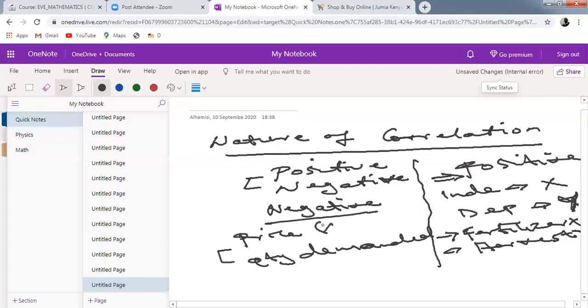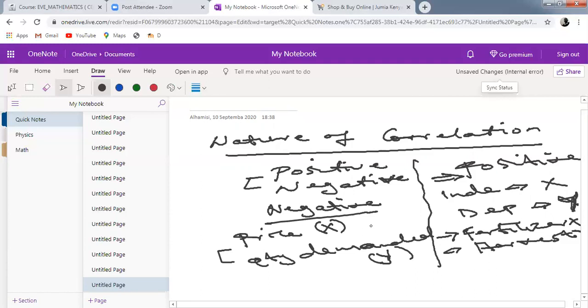Remember here, the price will be our X and the quantity demanded here will be our Y. So in this case, if you increase the price of a commodity, the quantity that the consumers are going to demand is going to be low, or is going to be reducing.